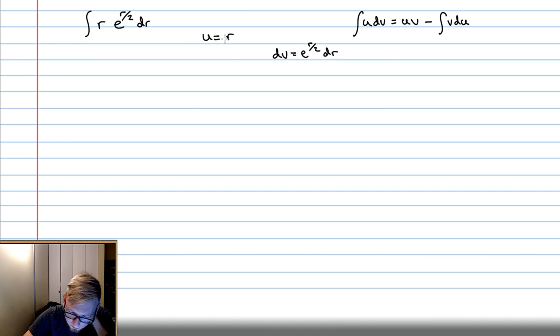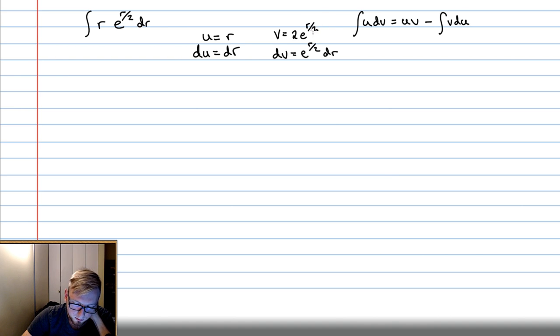I'm going to take the derivative of u, so du equals the derivative of r with respect to r, which is 1, so we've got dr. V is the integral of e to the r over 2, which would be 2e to the r over 2.